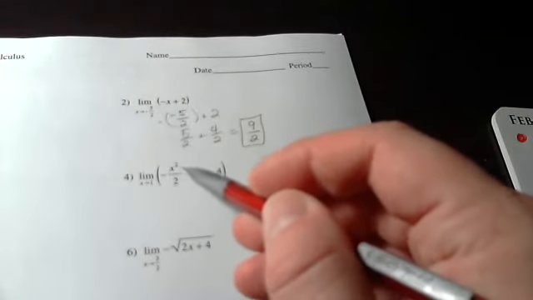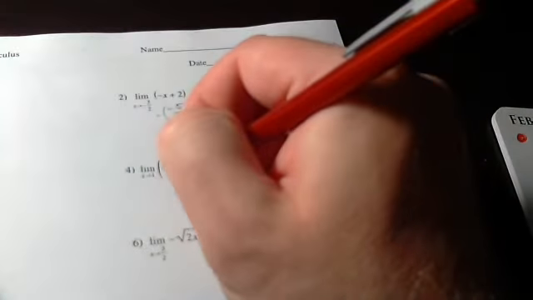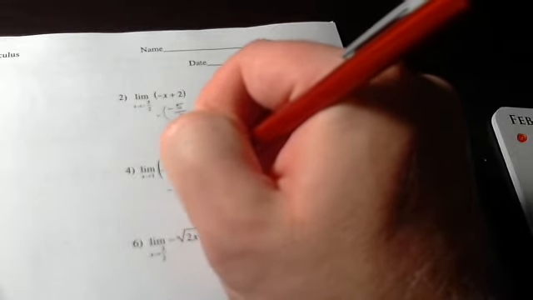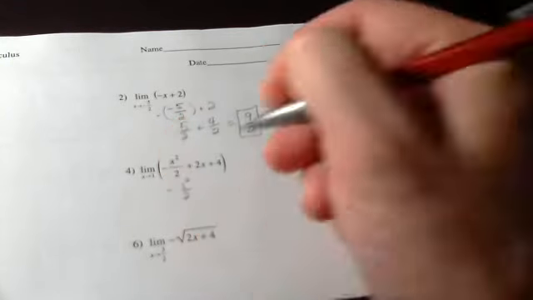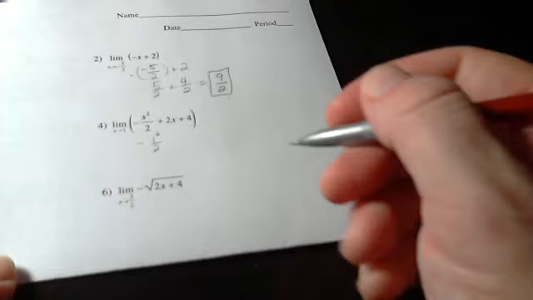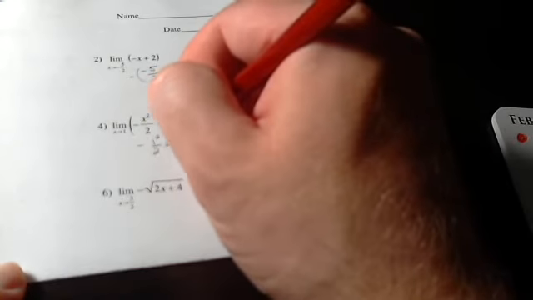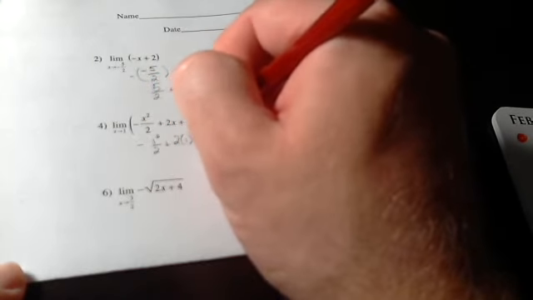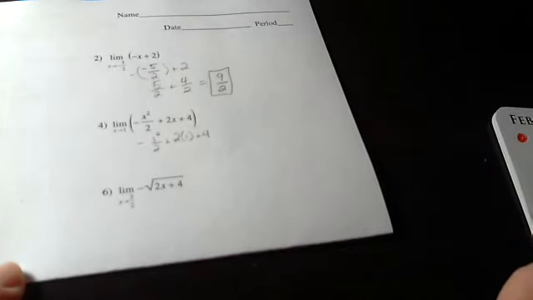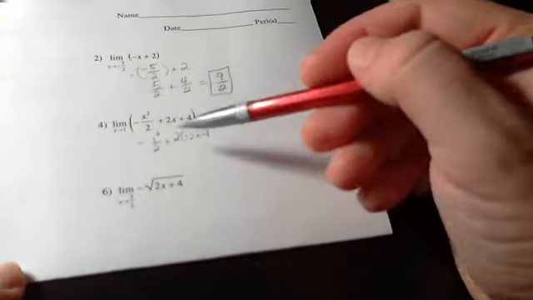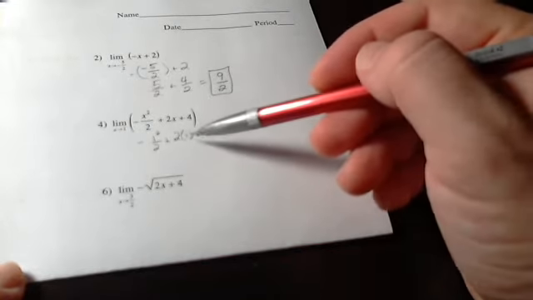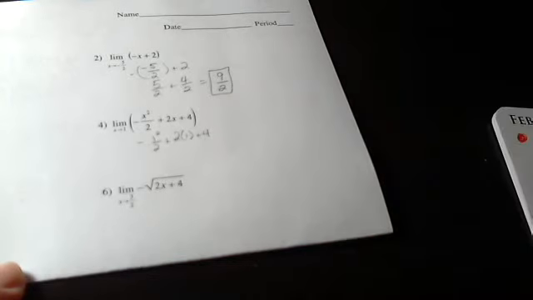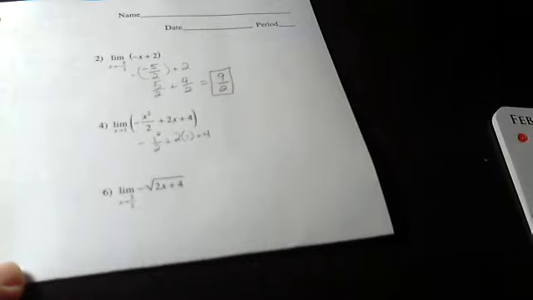We're going to plug in 1 for all our x's. So we have -1 squared over 2 plus 2 times 1 plus 4. Okay, well, this is just 1/2. And then we have 2 plus 4, which is 6.